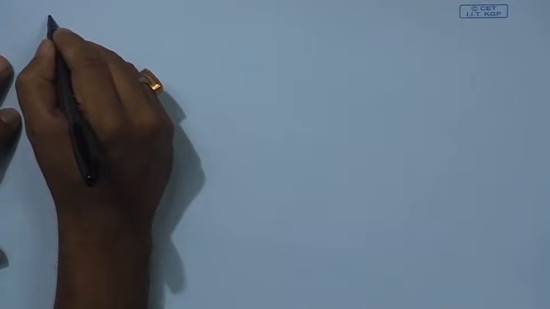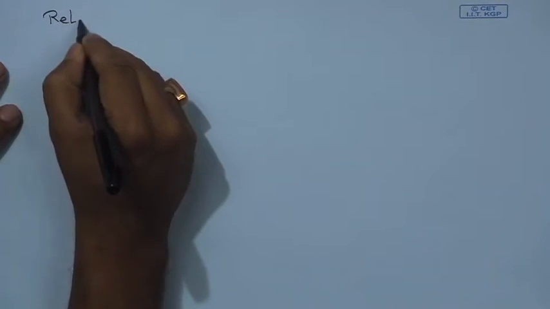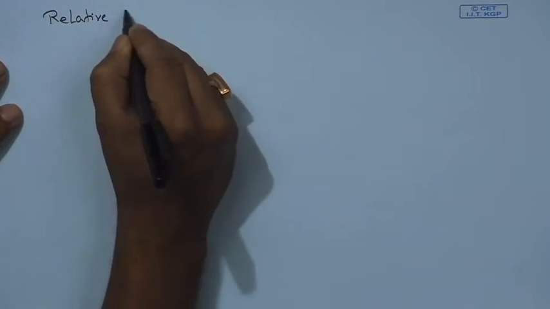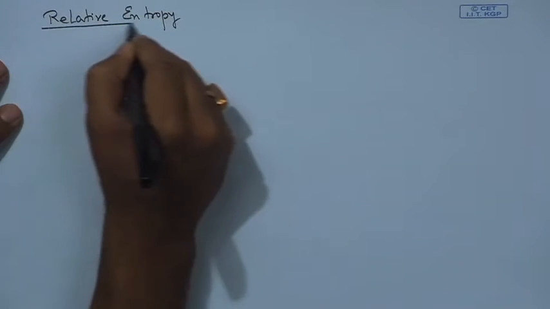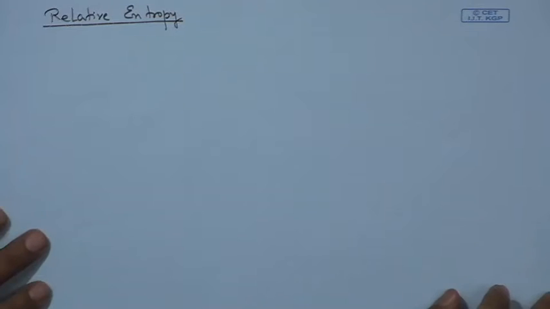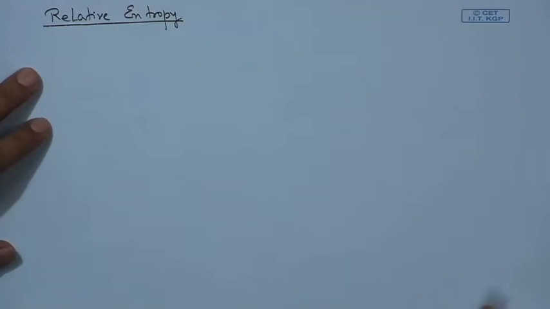With that, we move on further to talk about relative entropy. Again, we are giving a list of definitions which are important: relative entropy, and we'll talk about mutual information.